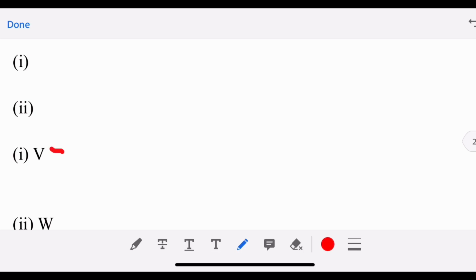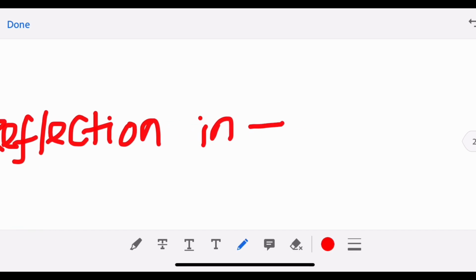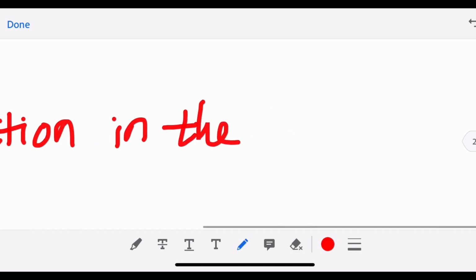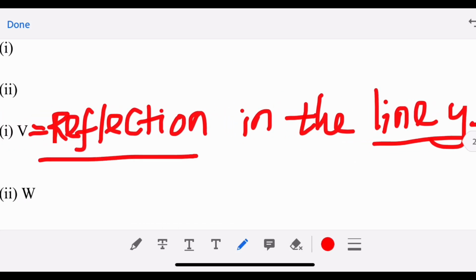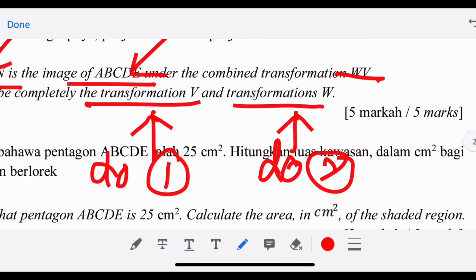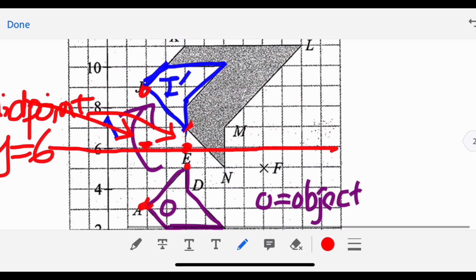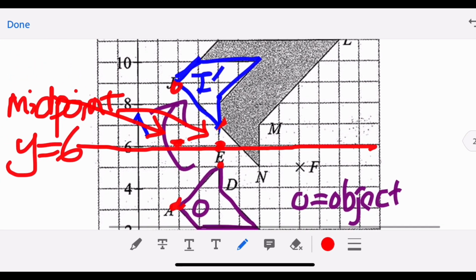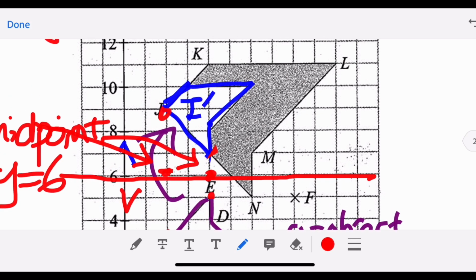So V is reflection. There are 2 important keywords. First is reflection. Then in the line, that is another keyword. You have to find out the line, which is y equals 6. From the 2 midpoints, you draw a straight line, and the straight line cuts the y-axis at y equals 6. Settled, we have solved the reflection.